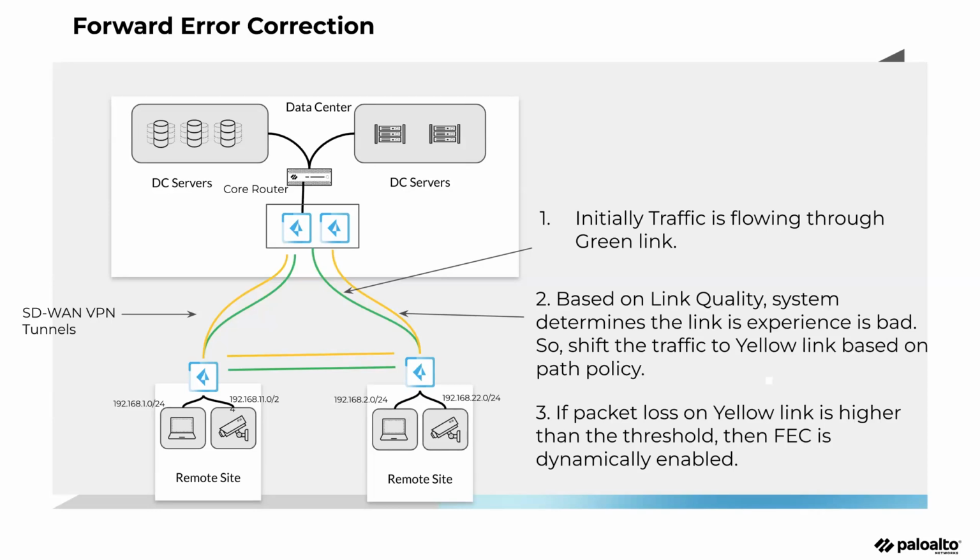And that's kind of the default mode for our path selection, and that will remain that in the future, up to the point when there are no SLA compliant paths in the network. At that point, forward error correction will be enabled for that application flow, and that forward error correction is adaptive.